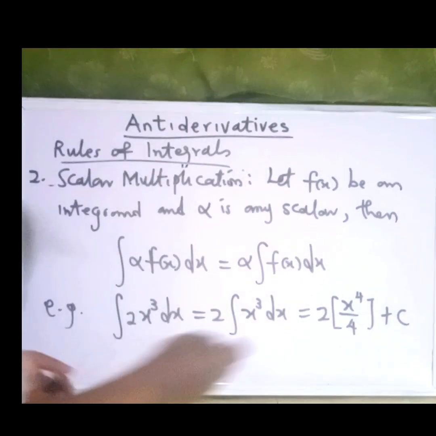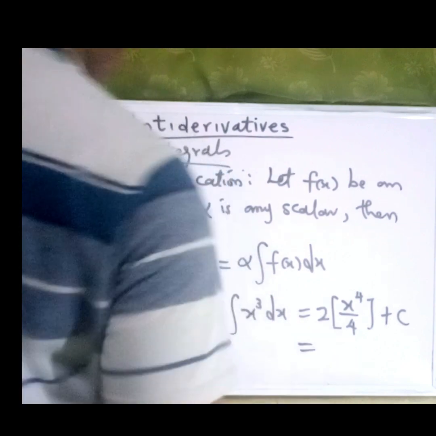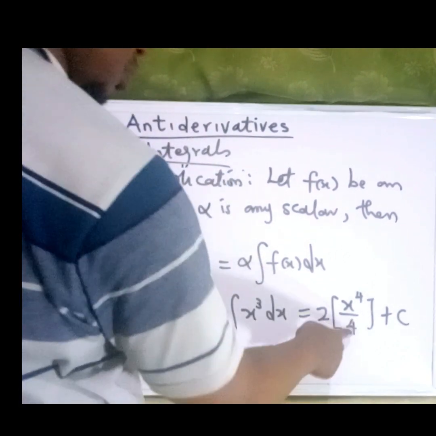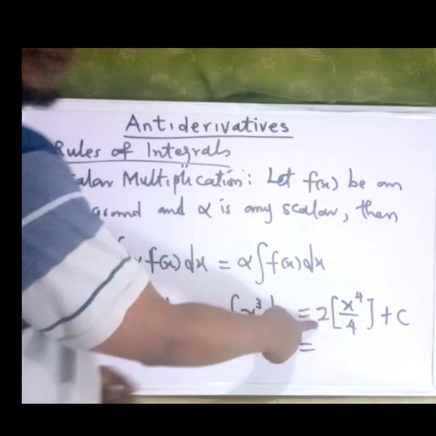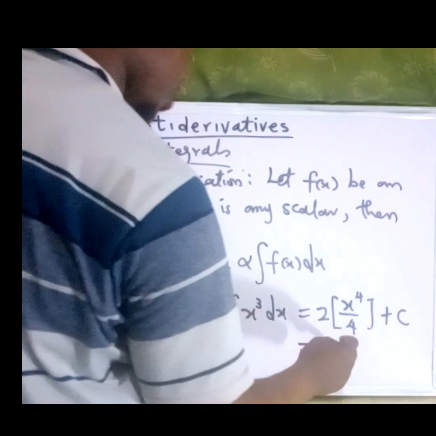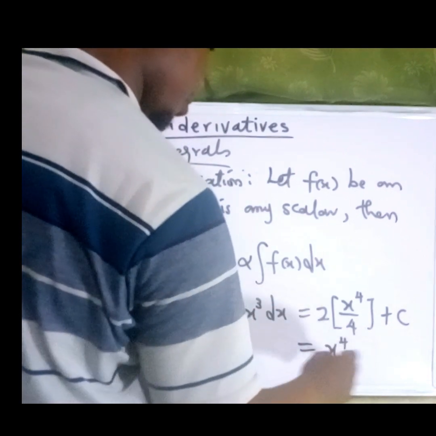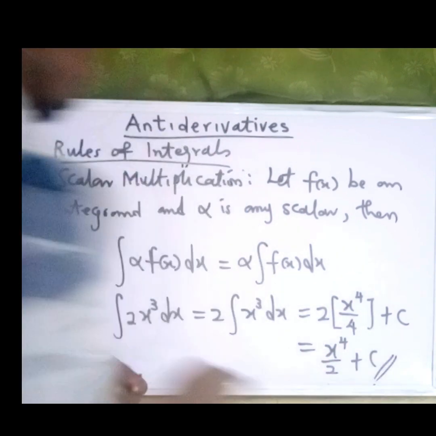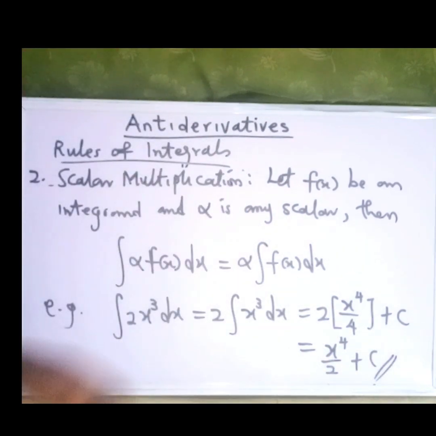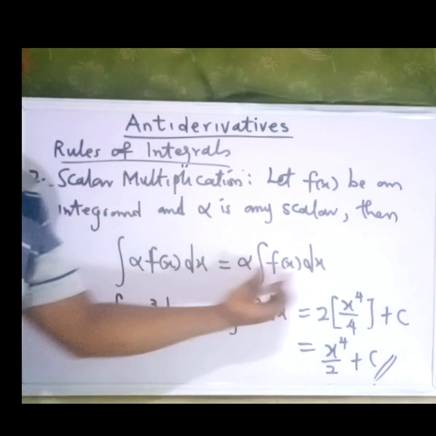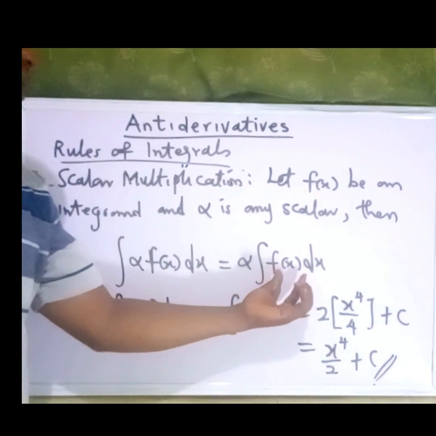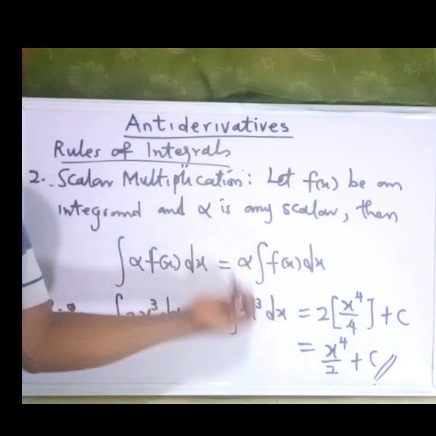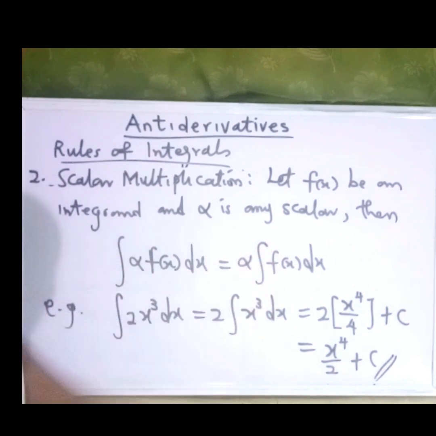So this will be equal to this 2, of course, can remove a term here. And of course, this will be x to the power 4 over 2 plus c. Here, since we don't know the value for what this is, that's why we have it to be.